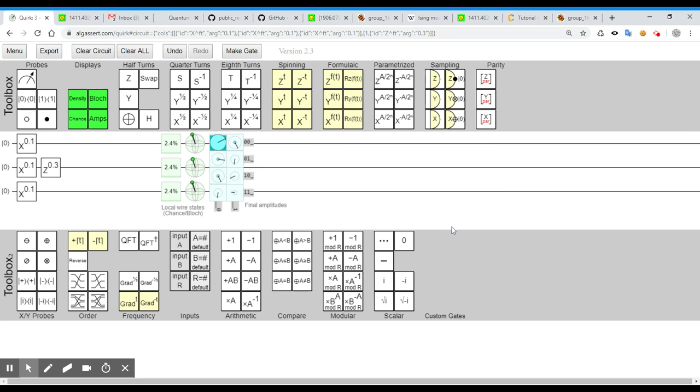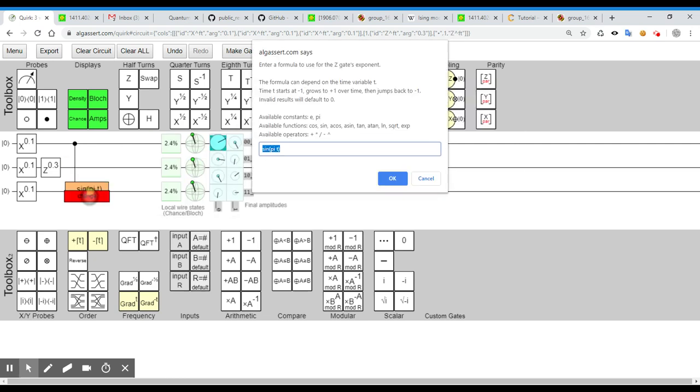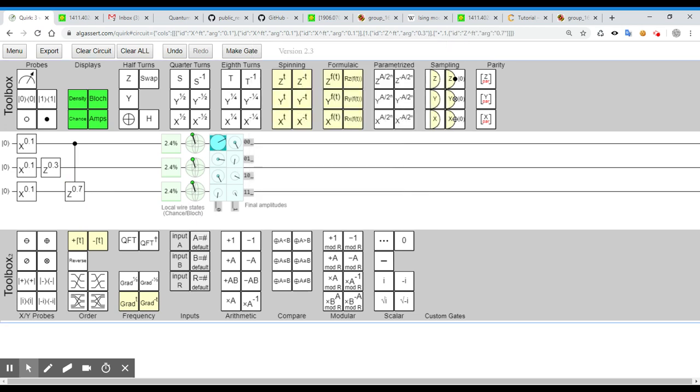Sorry, I had to pause for a second. But okay, and then it was a control Z, so control. Let's do this, and then let's do 0.7.